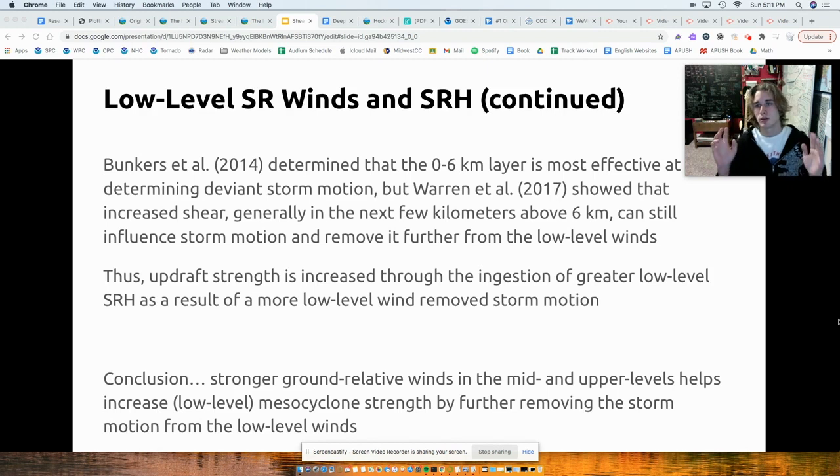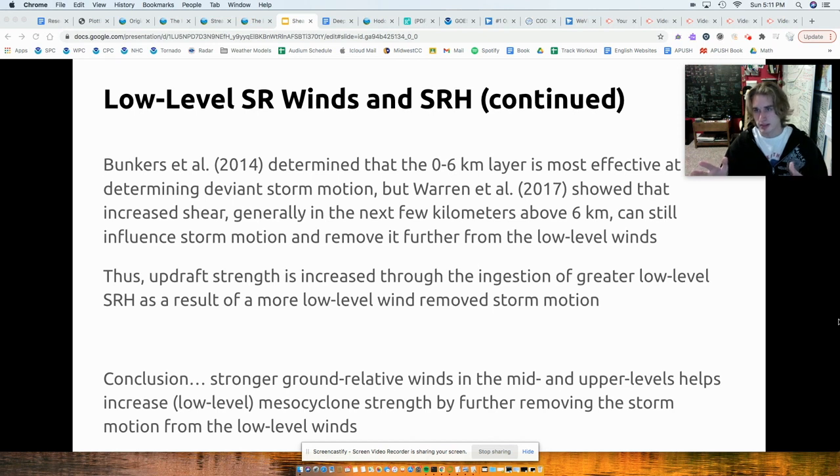So what this means, so Bunkers storm motion is calculated with the shear vector between the 0 to 500 meter mean wind and the 5.5 kilometer to 6 kilometer mean wind. It's a vector between those two mean winds. So that's what I'm talking about when I say the 0 to 6 kilometer layer is most effective at determining storm motion.